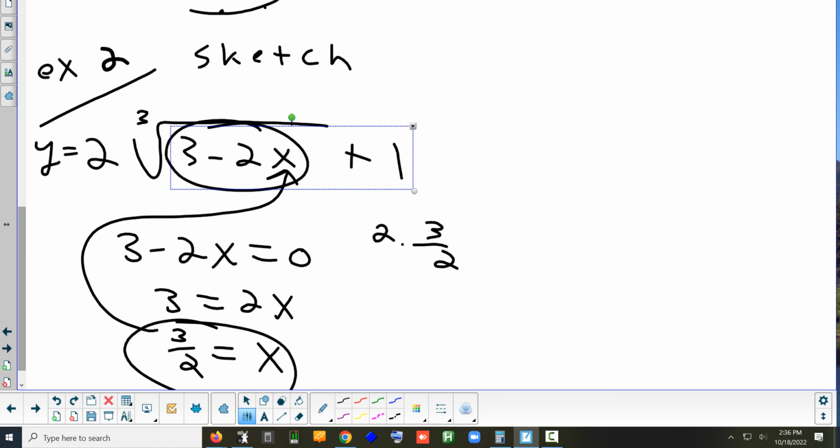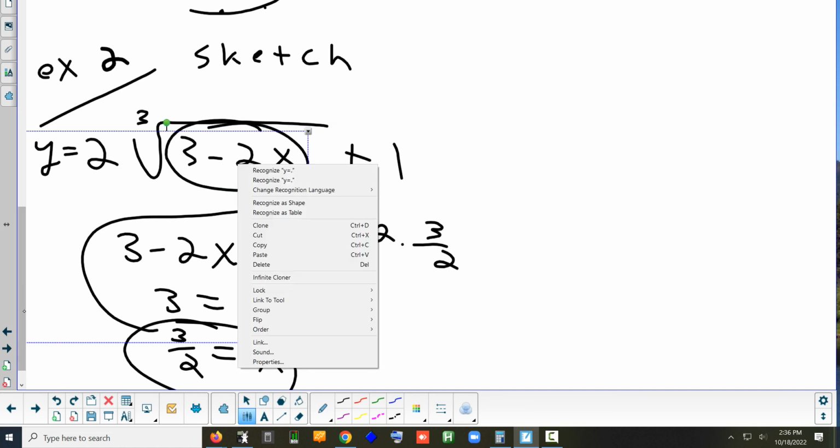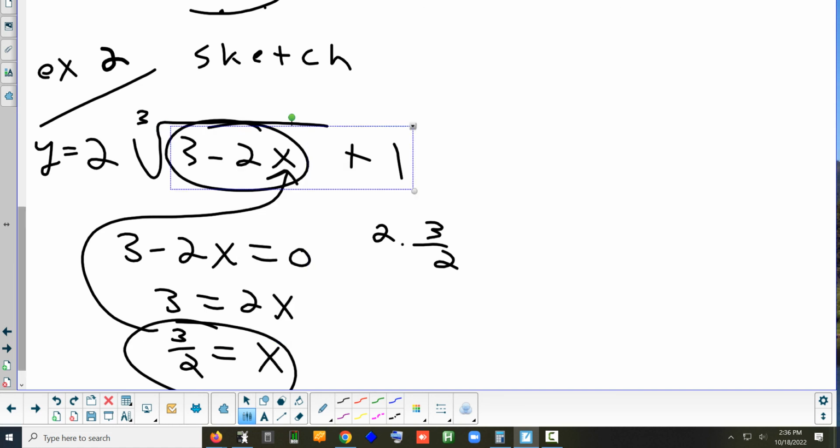So what's 3 over 2 times 2? Yep, 3. What's 3 minus 3? 0. What's the cube root of 0? 0. What's 0 times 2? 0. This is basically your y value every time. It's the number that's at the end over here. Because that whole part is going to come out to 0, because that's what you just did on purpose. You set it equal to 0.